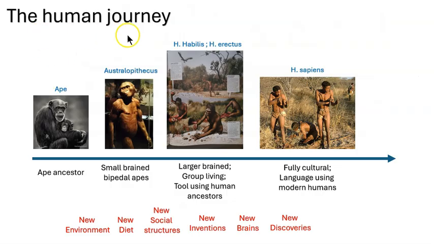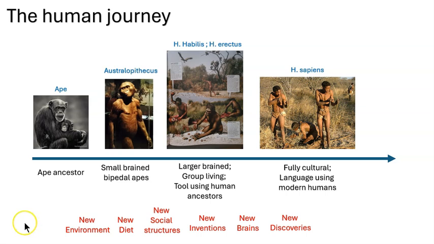So the human journey then can be described very simply like this. We came from ape ancestors and evolved into small-brained bipedal apes, and then into larger-brained, group-living, tool-using human ancestors, and finally, fully cultural, language-using modern humans.